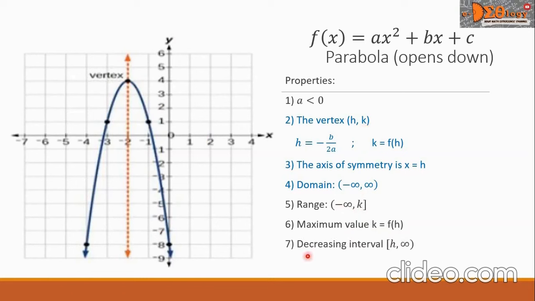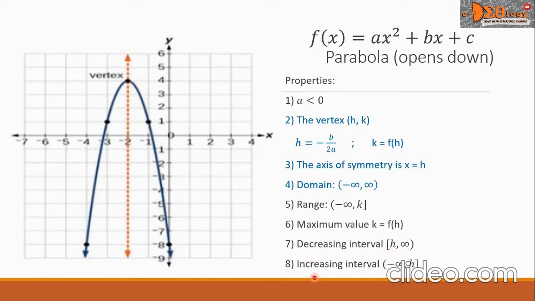Number 7, decreasing interval. So the interval from which the graph is going down. So our parabola is opening downward. So the right side from here, it is decreasing. So our interval notation, square bracket, h, comma, positive infinity.